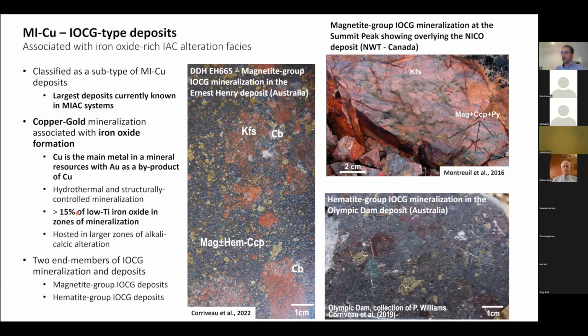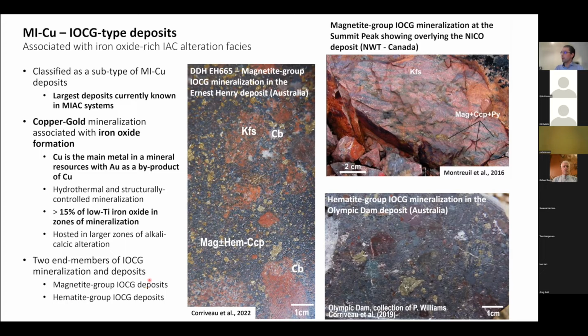And then they will be hosted in much larger zones of alkali-calcic and iron and alkali-calcic alteration zones. For IOCG deposits, we have two end members, magnetite group IOCG deposits and hematite group IOCG deposits, and then there is a transitional group of magnetite to hematite group.